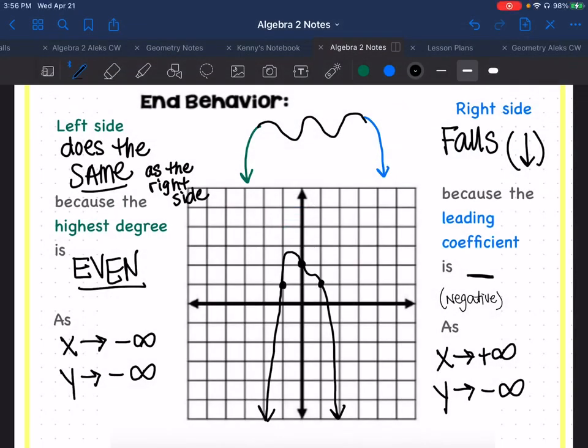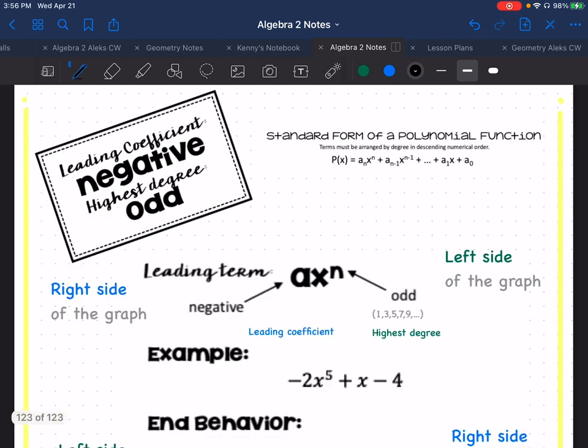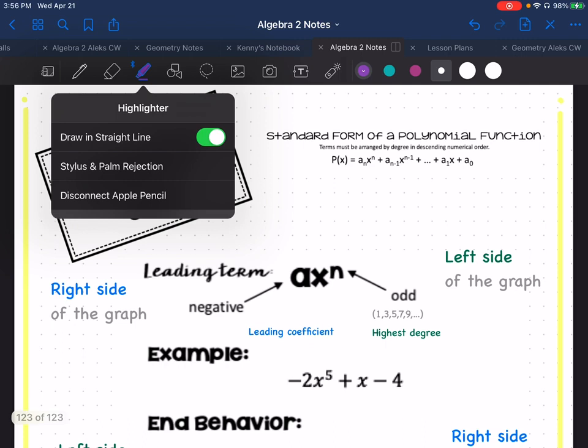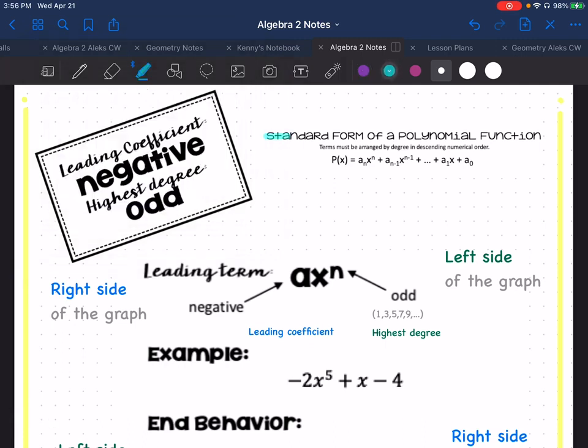All right, there's one last end behavior that we need to talk about. So we talked about positive and even, positive and odd, negative and even. The last one is going to be negative and odd. Just a very quick reminder, it has to be in standard form, which means your exponents need to be in descending order from largest to smallest, and you're going to look at your leading coefficient, which is the first one in standard form.